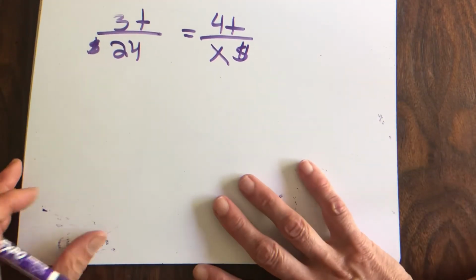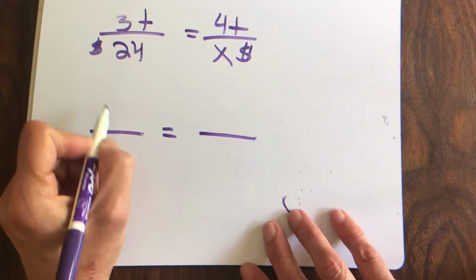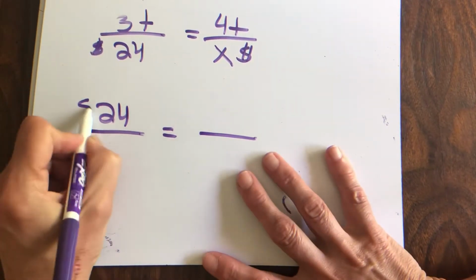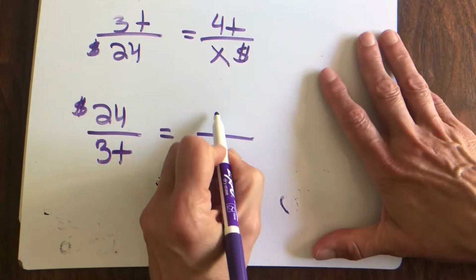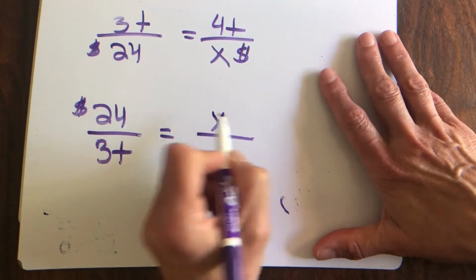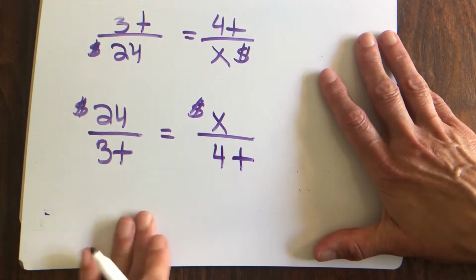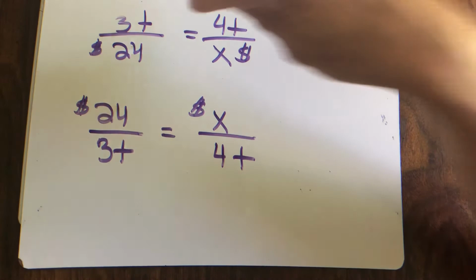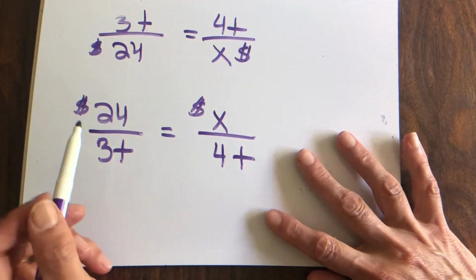Well, your neighbor over there is doing the same problem, and they set their problem up like this. 24 is on top, and their 3 tickets is on bottom, and their X is on top, and their 4 tickets is on bottom. And you say, hey, you didn't do that right because you have to have this labeled because in ratios it had to be a certain way and all that stuff.